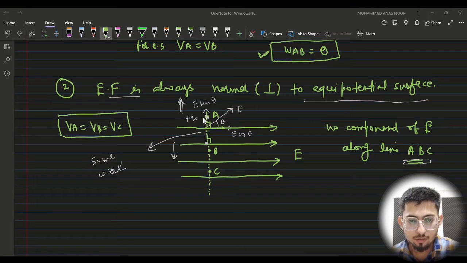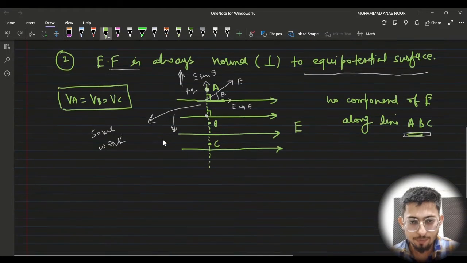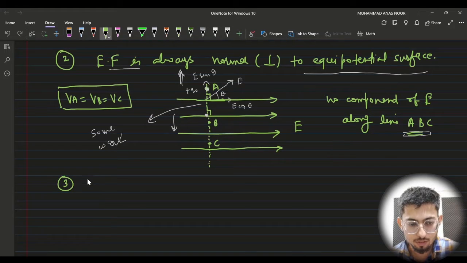Third one, the equipotential surfaces are closer together in regions of strong fields and farther apart in regions of weak fields. This is also important.